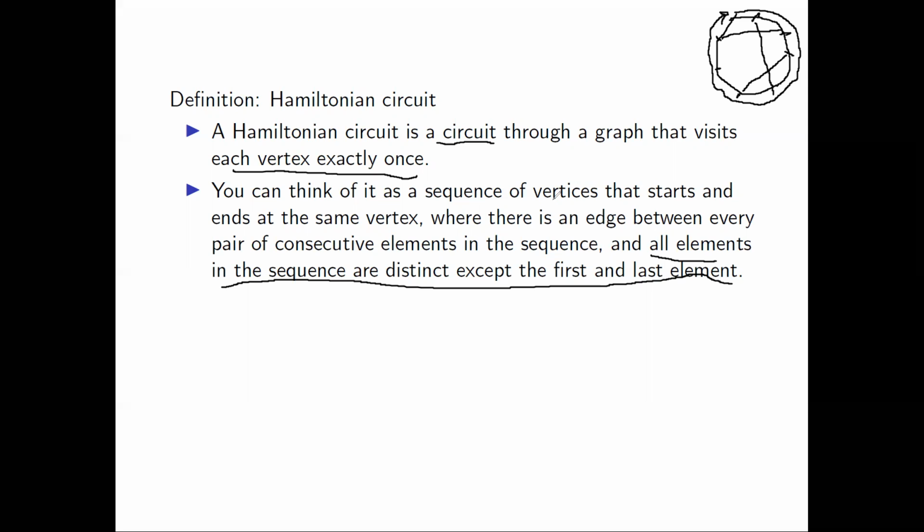We're going to focus on the Hamiltonian circuits in this video though, and you can define Hamiltonian graphs. Like Eulerian graphs, these are the graphs that contain Hamiltonian cycles. So a Hamiltonian graph, we can define to just contain a Hamiltonian cycle.